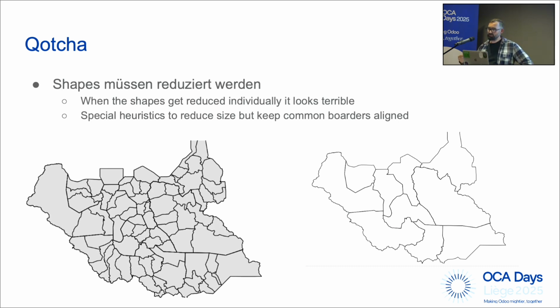But for our use case on the front end, we just need a very, very simple representation of the state, and we just reduced the size of the polygons, and then just afterwards realized that the borders didn't fit together because they were optimized individually, but they didn't fit together at all. But there are some very smart heuristics where you can put all the shapes in there, and it then optimizes it, and you can have the size you really need, which is all working in Postgres and is very, very fast.